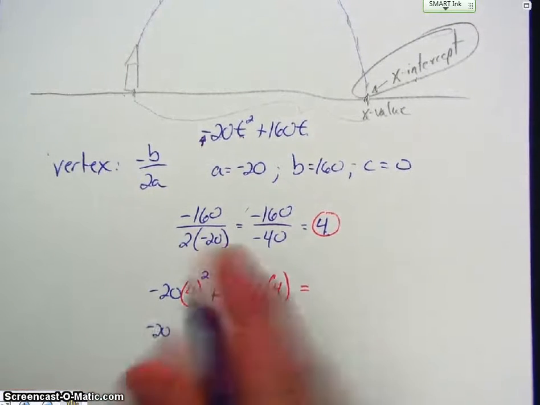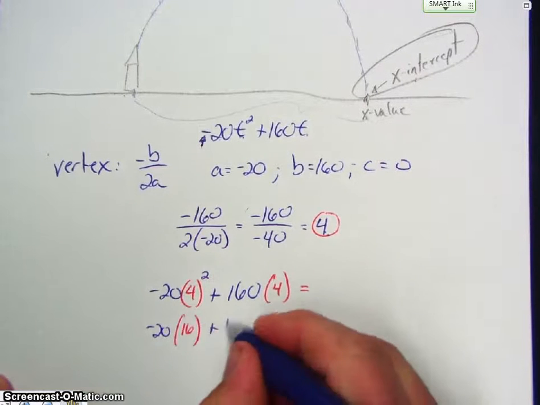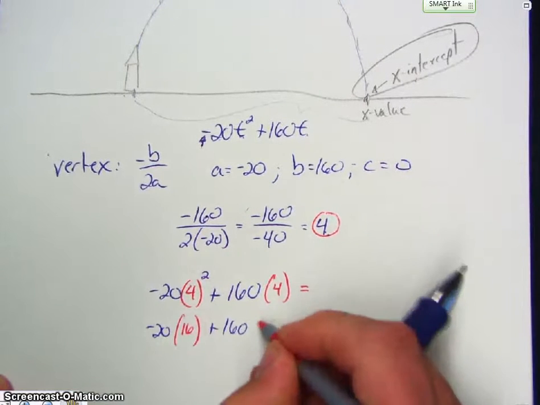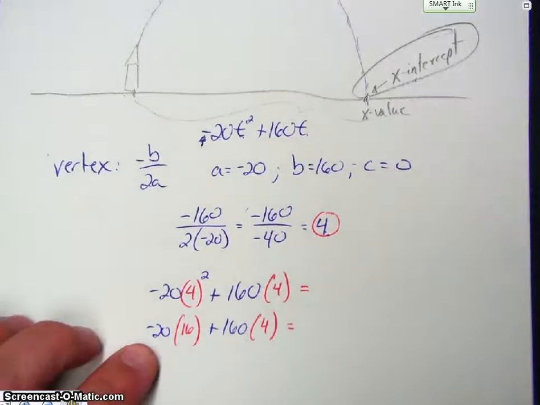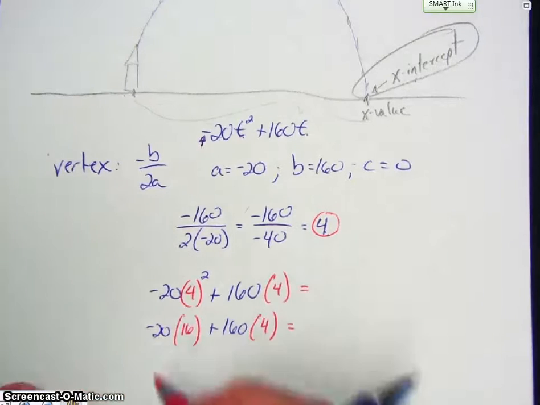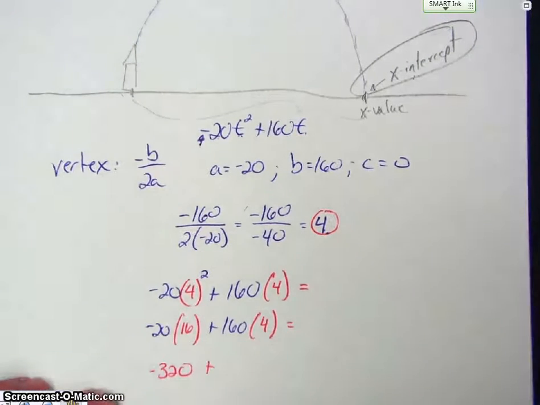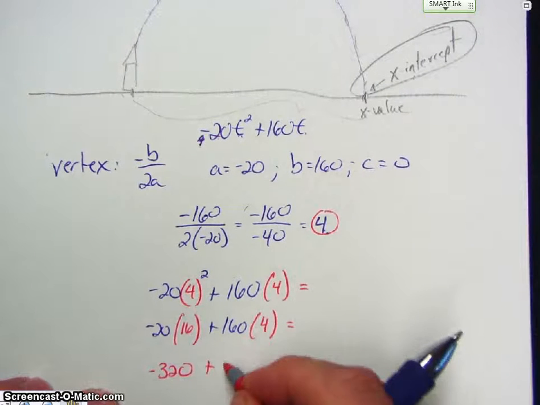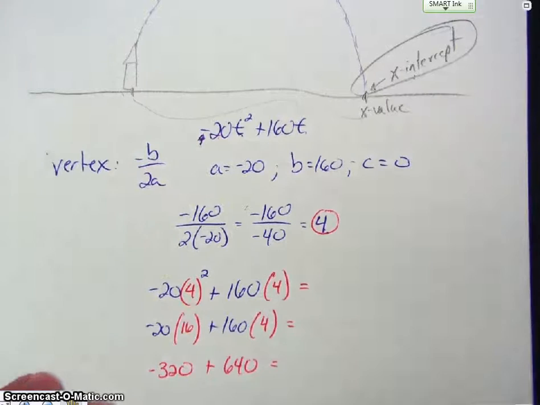So it's negative 20 times 16 plus 160 times 4. Negative 20 times 16 gives me negative 320, and 160 times 4 is 640. And therefore that gives me 320.